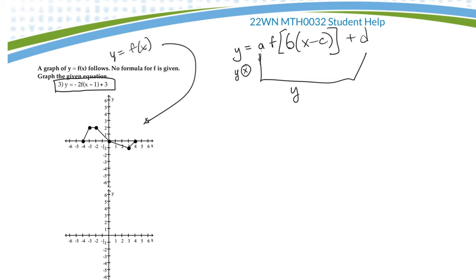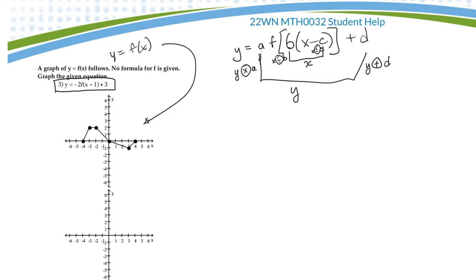If you have a d value, you take your y values and add whatever d is. If I can identify the b and the c, it's the same kind of thing, but opposite to what you'd think. These affect x values. For the first one, I'll take all my x values and divide by whatever b is. And for c, I'll either add or subtract c from my x value.